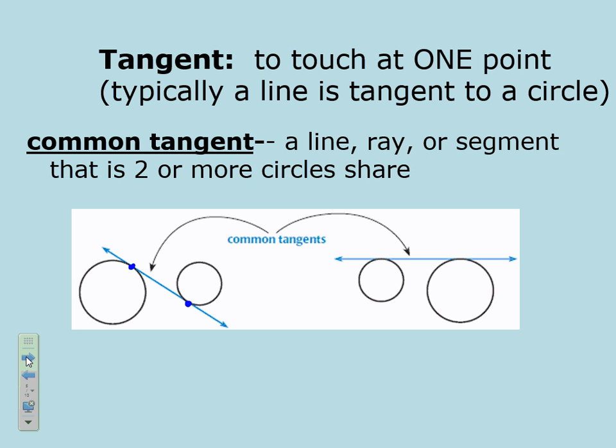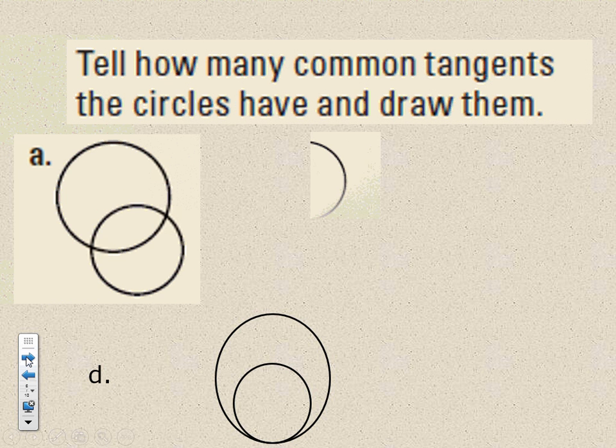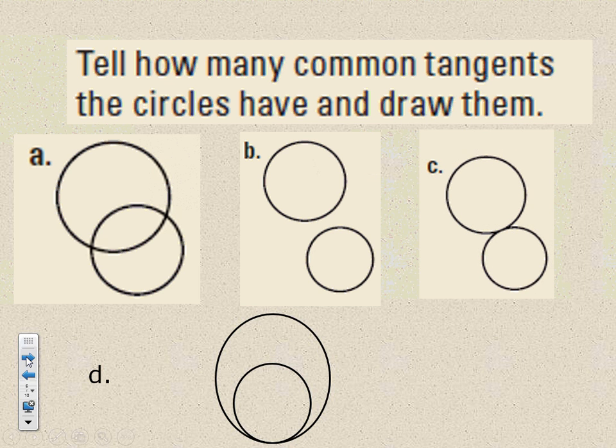And same thing on the picture on the right. We have a touch spot here, it touches each circle in just one place. So this is a common tangent for both of those two circles. So here are some more pictures so that we're going to add in those common tangents.